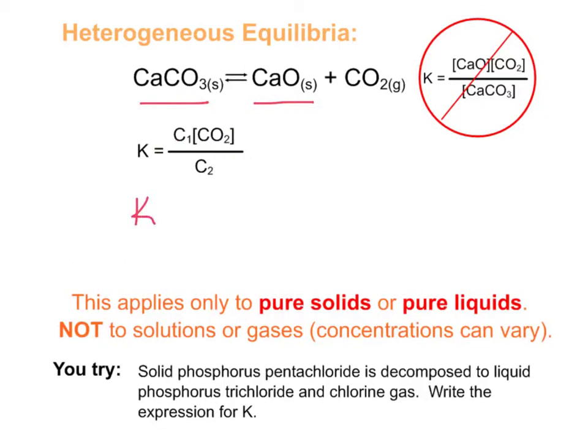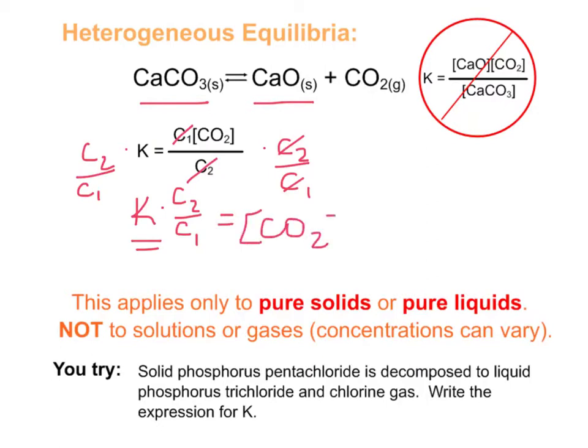then I can do a little algebra here, right? I can multiply both sides by constant 2. That gets rid of this. I can divide both sides by constant 1. Gets rid of that. And I have my equilibrium constant times C2 over C1 constants equals the concentration of CO2.